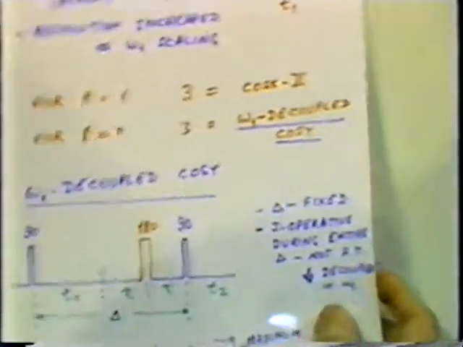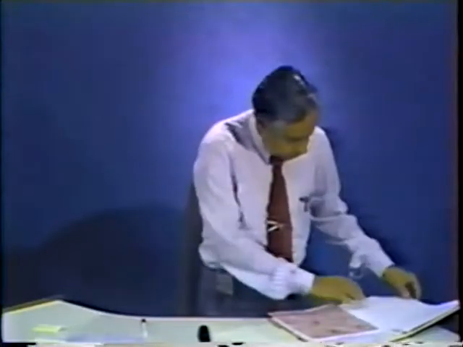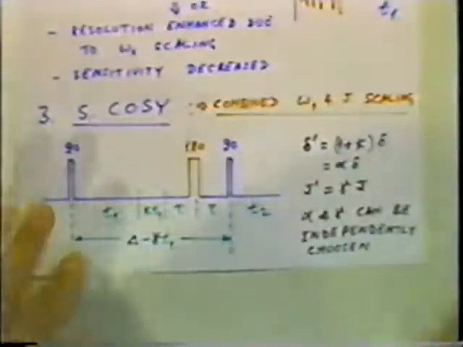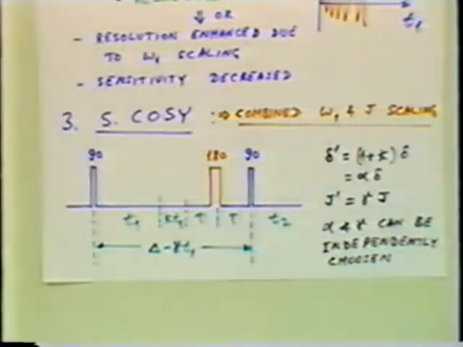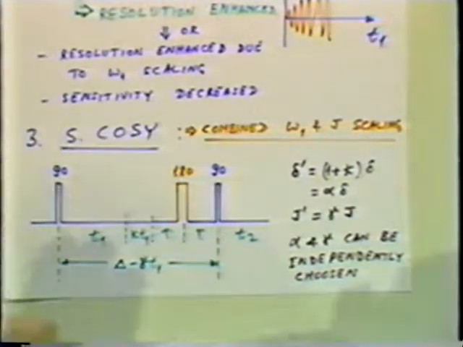The next scheme is called scaled COSY simply, in which they have combined both the omega-1 and the J scaling at the same time and give it as a parameter.